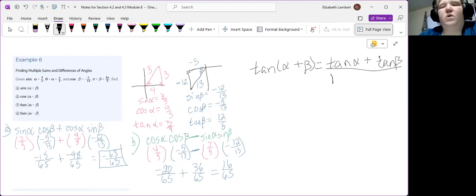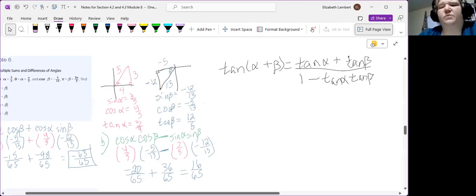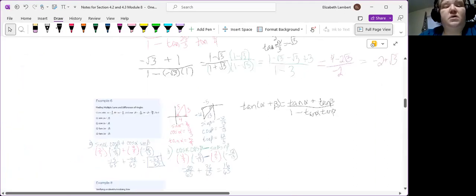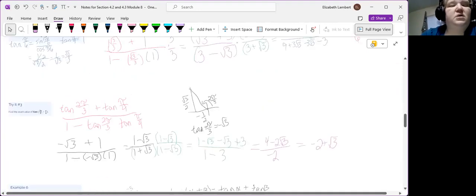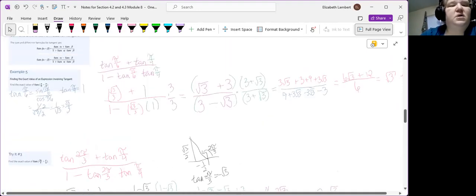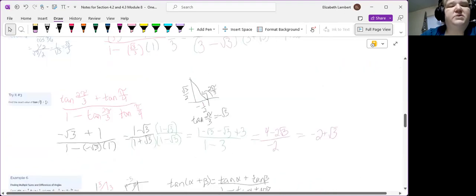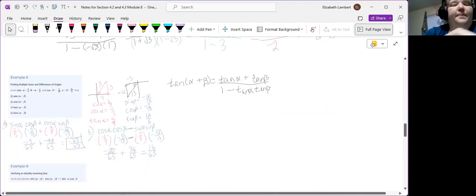And then one sign changed, and the product. Okay, so I guess I do remember more than I realized. But still, let me just double check. Plus, plus, minus. Yeah. And then I'm just going to sneak in here.